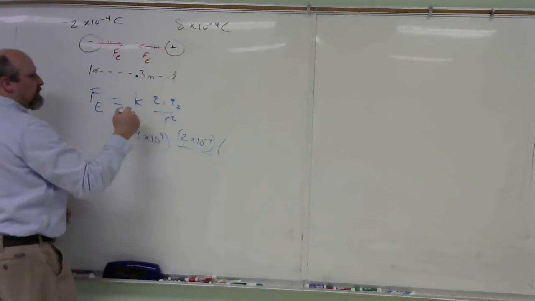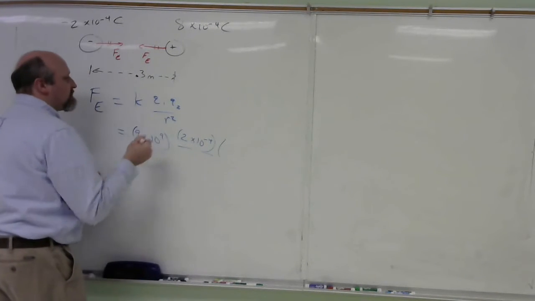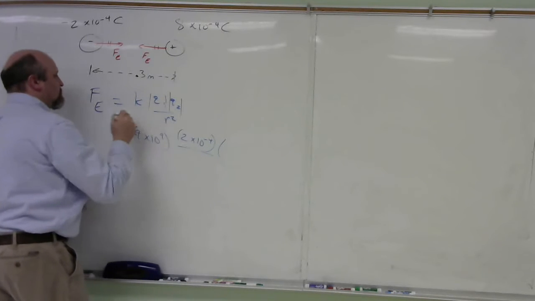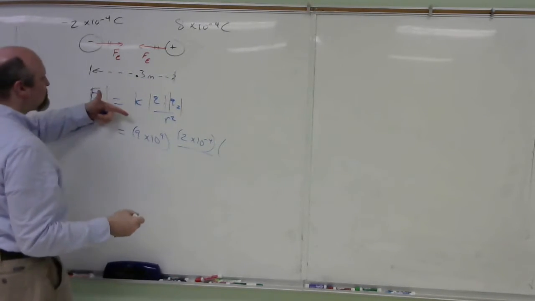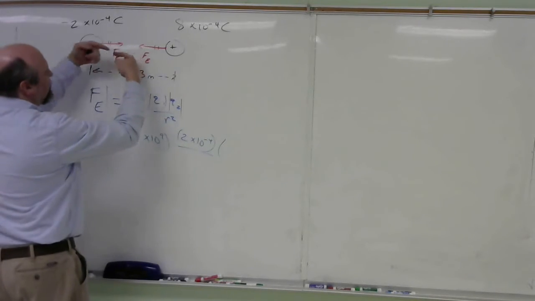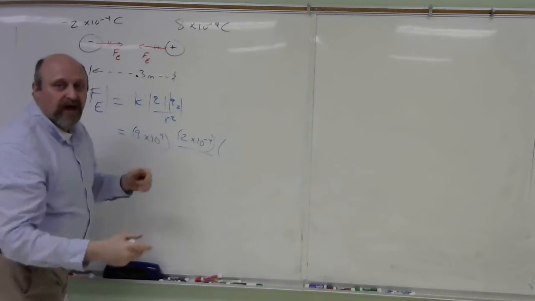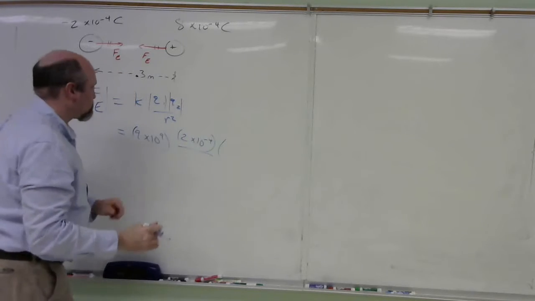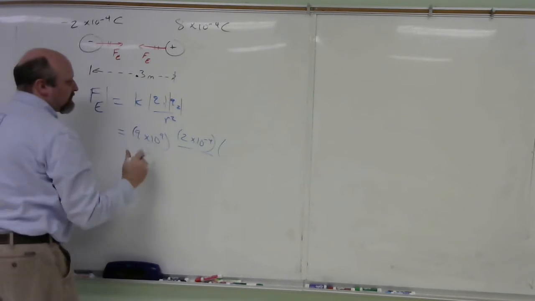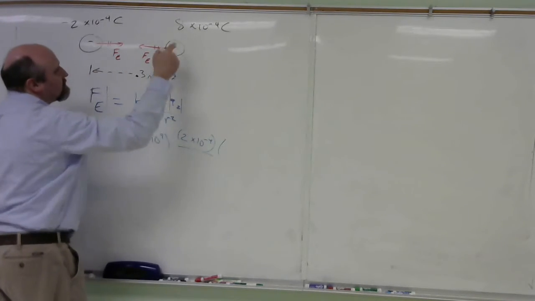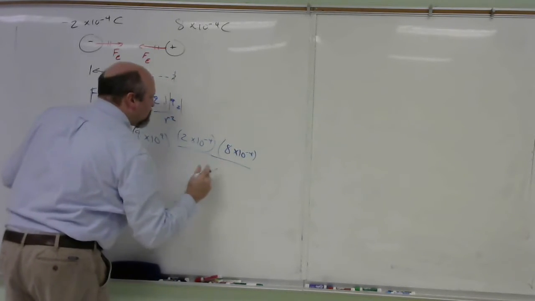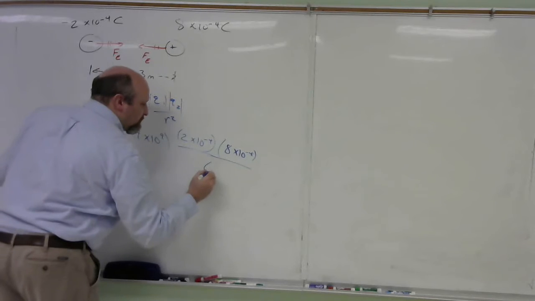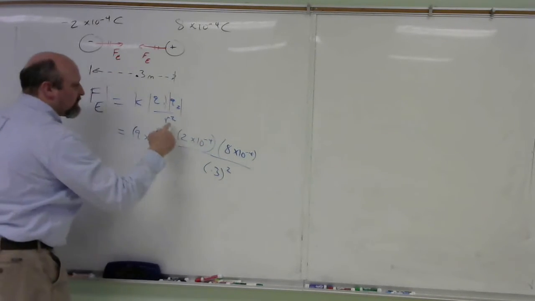When we do this equation, we just use the absolute values of the charges, remembering that this equation can't tell you both directions at the same time. This equation just tells you the magnitude, the size of the force, not the direction. Q2 is 8 times 10 to the negative 4. And then the distance is 0.3 meters, and of course, it's squared in the equation.